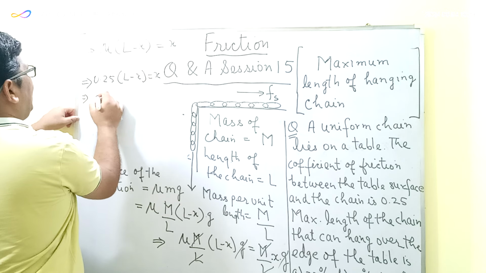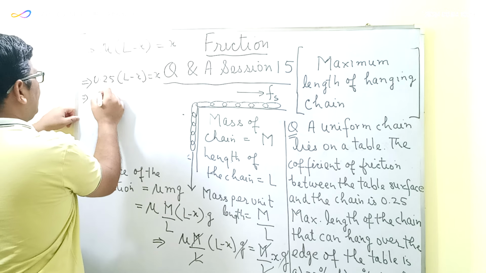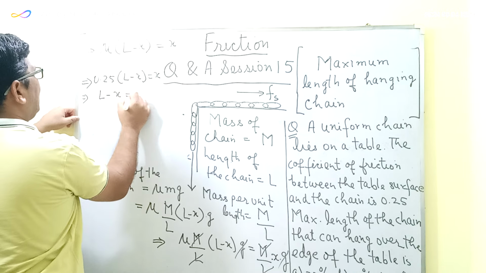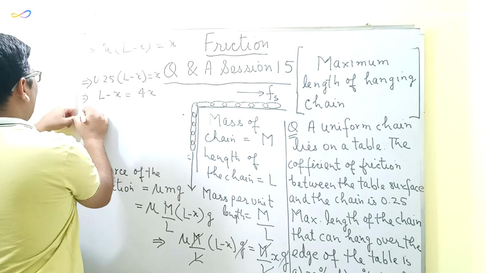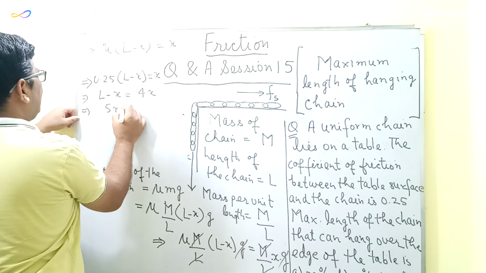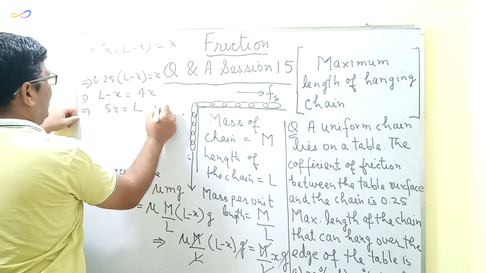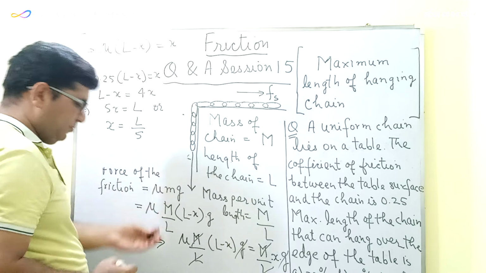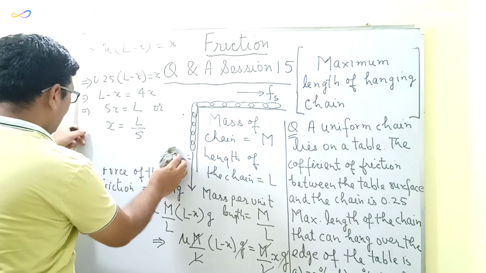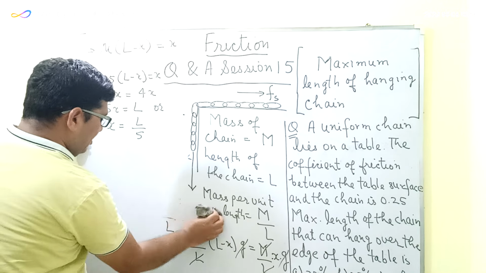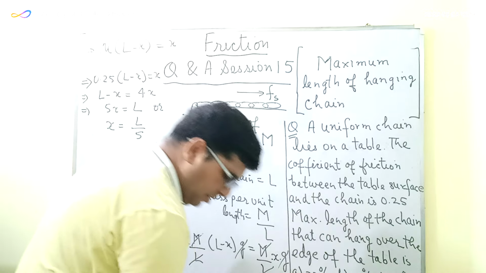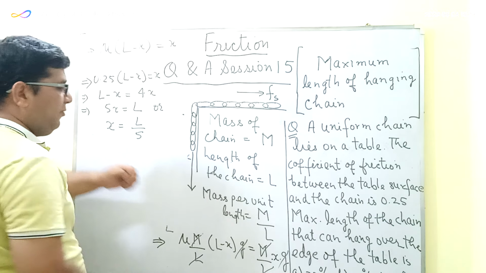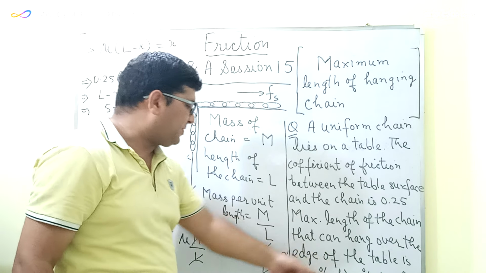Now 0.25 can be written as 1 by 4, so L minus X will be equal to 4X, or simply we can say that 5X is equal to L, or X will be equal to L by 5. Now we have to find the maximum length of the chain in percentage.